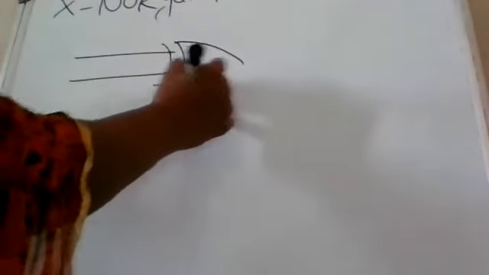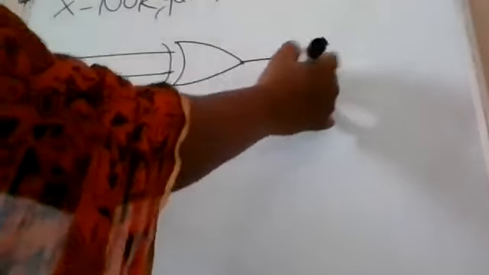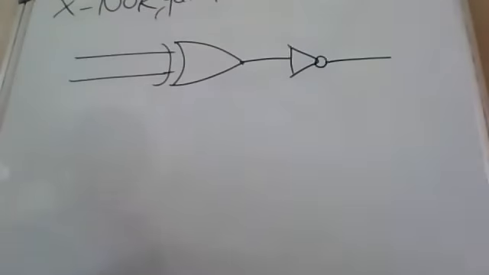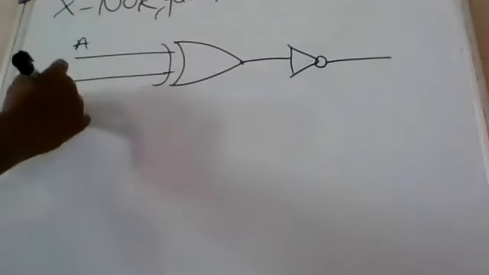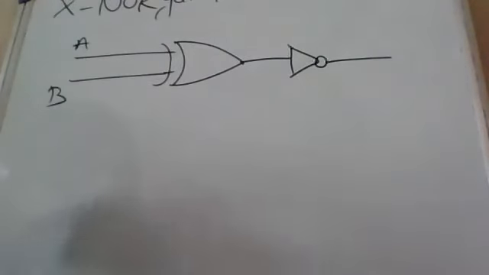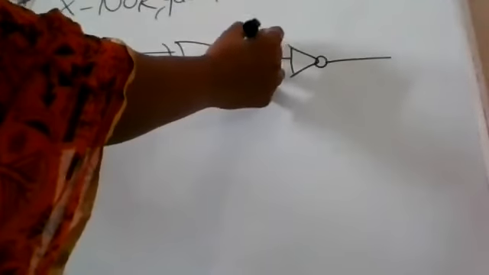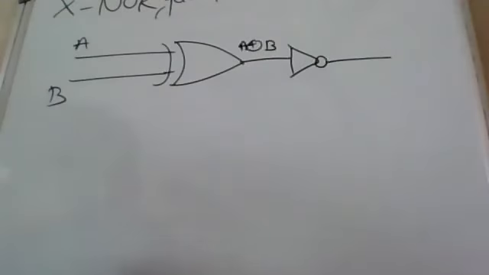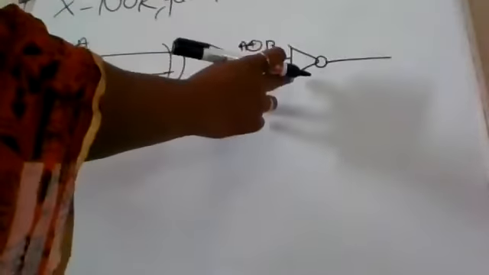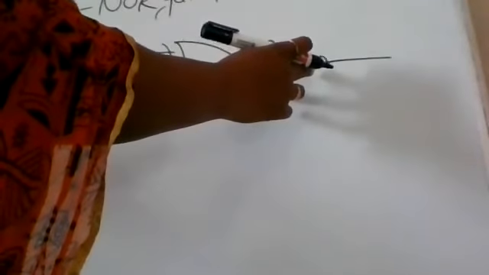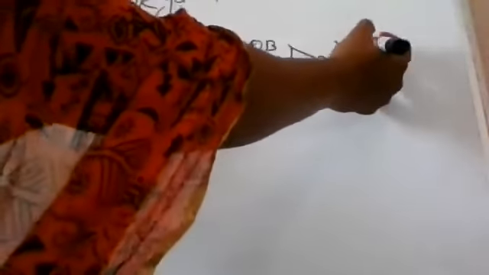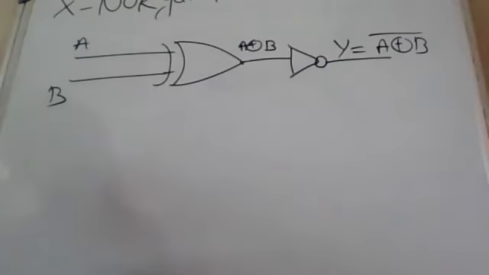So the symbol: this is the exclusive OR gate connected to a NOT gate. A, B inputs. What is the output here? A exclusive operation B. This performs as the input of the NOT gate. What is the output of the NOT gate? A exclusive operation B, complement.